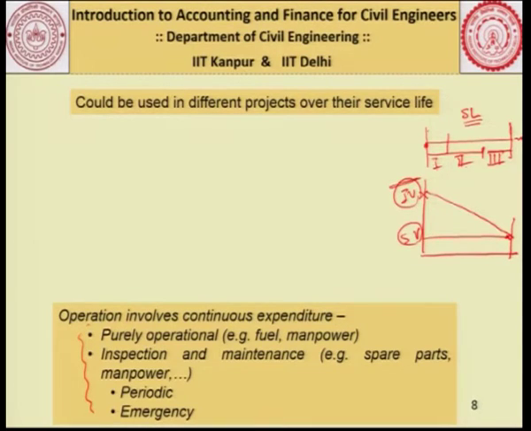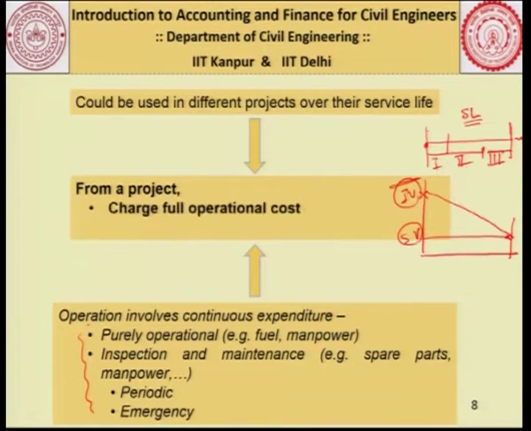So, what I am saying basically is that from a project, what should be charged as far as the fees or the cost of using this equipment is concerned. The first thing is that the operational costs, whether it is purely operational or its inspection and maintenance, all that cost must be charged to individual projects wherever the equipment is being used.